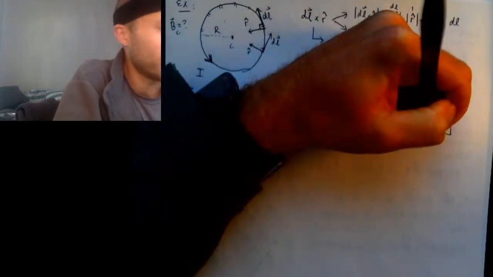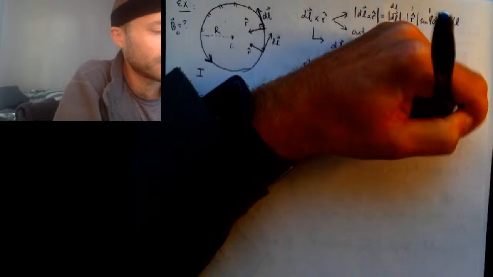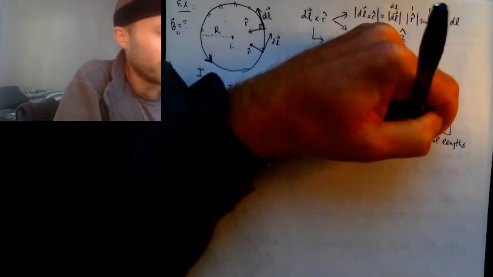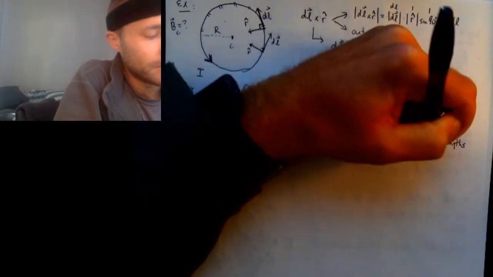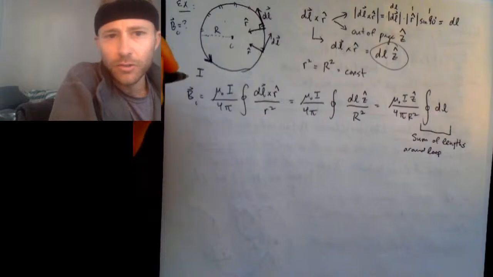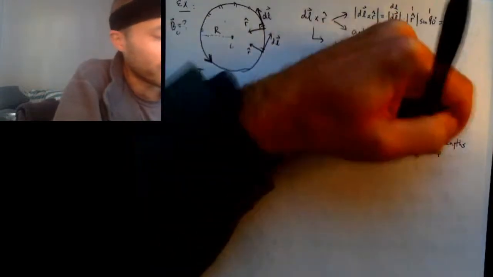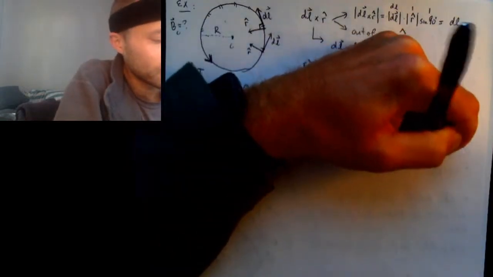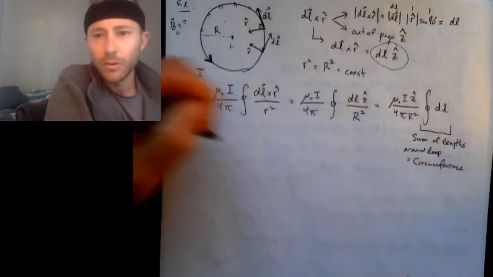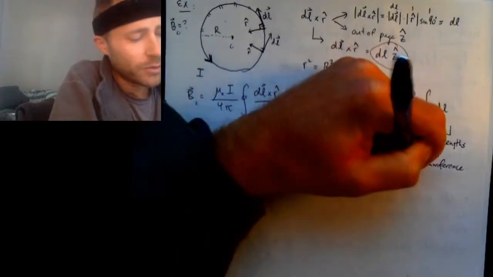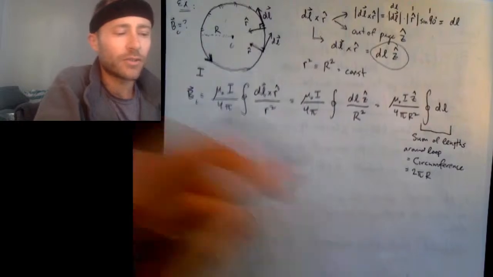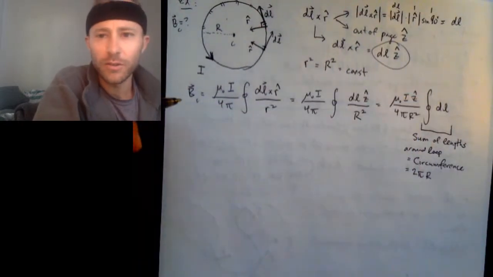This is the sum of lengths around the loop. That's also known as the circumference, which is also known as 2 pi r. So that's the value of this integral. It's just 2 pi r.